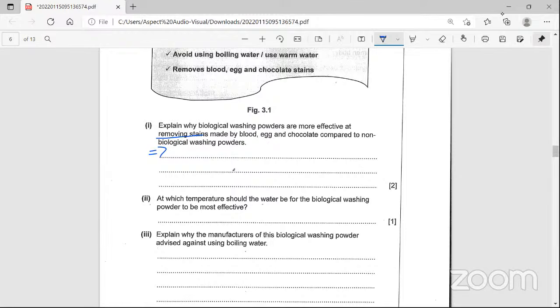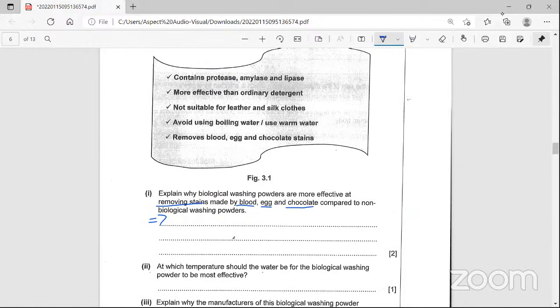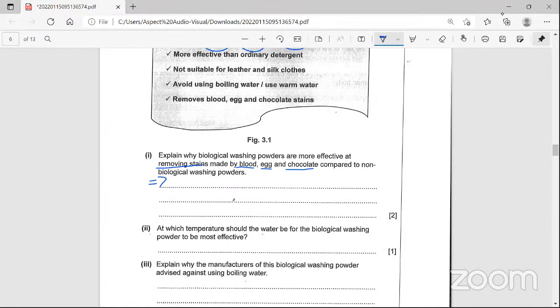Yes. So remember, you need to specify what's in blood, what's in egg, what's in chocolate. So you need to state that they contain your proteases, this is a carbohydrase, this is a lipase. So your eggs have proteins, fats as well, right?